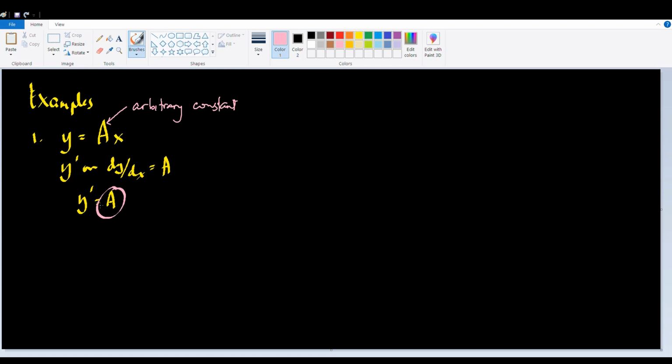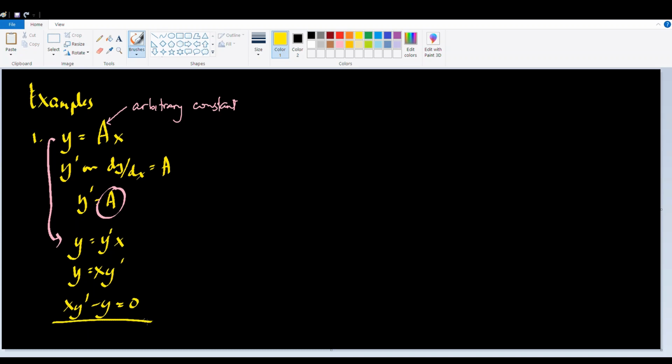So we will get a corresponding equation that is free of the arbitrary constant a. What we do is we simply substitute y prime for a in the original equation. So we'll be getting y equal to y prime x, or y equal to xy prime, or xy prime minus y equal to 0.